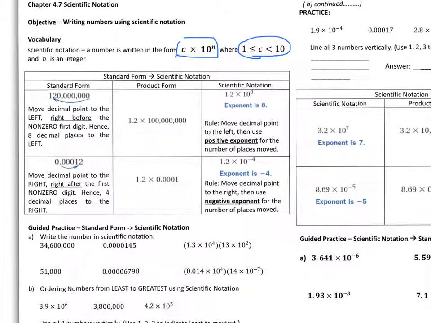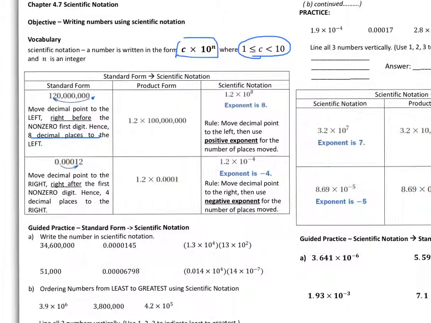Okay, how do we change from standard form to scientific notation? If we're given a very big number, such as 120 million, then we need to shift the decimal to the left. Therefore, we need to move 8 decimal places to the left, right before the non-zero digit 1.